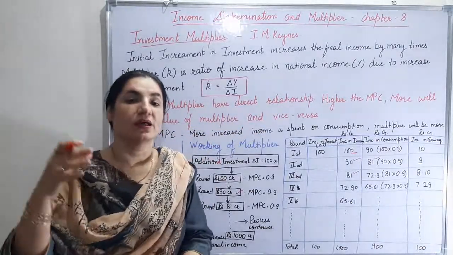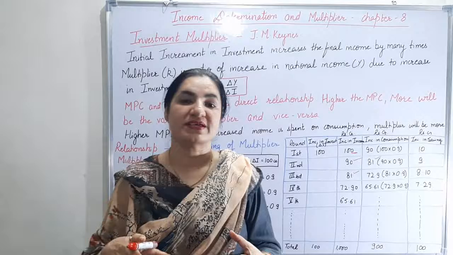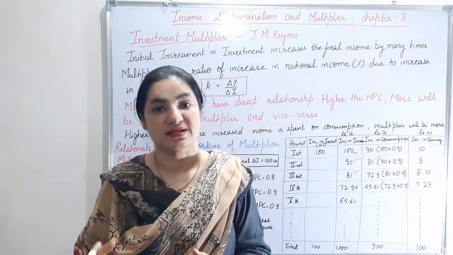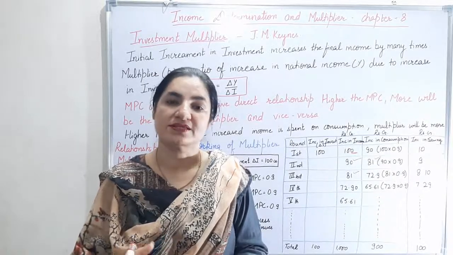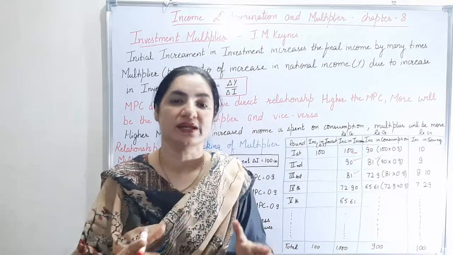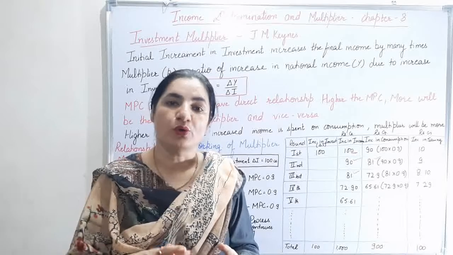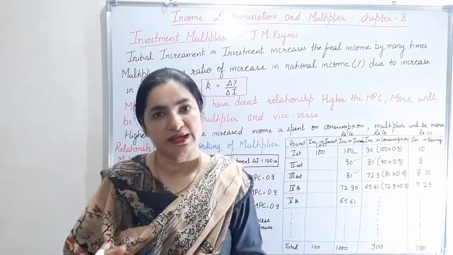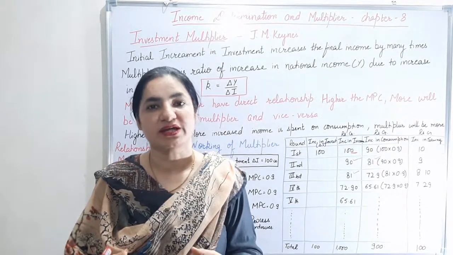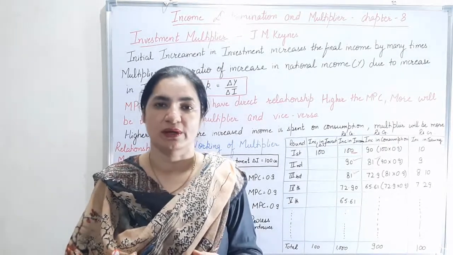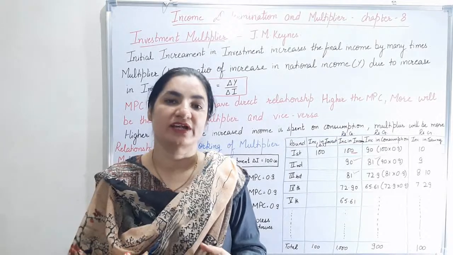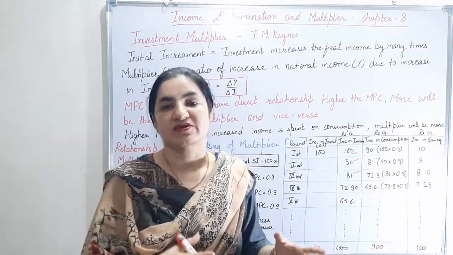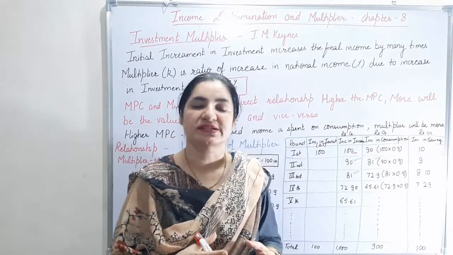We are talking about MPC, which relates to additional consumption. Additional consumption means the amount of consumption made out of the additional income, that is the marginal propensity to consume. That proportion is related to the multiplier in a direct way.